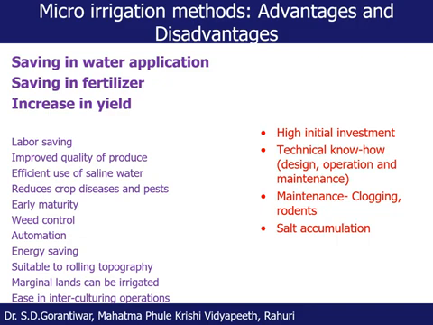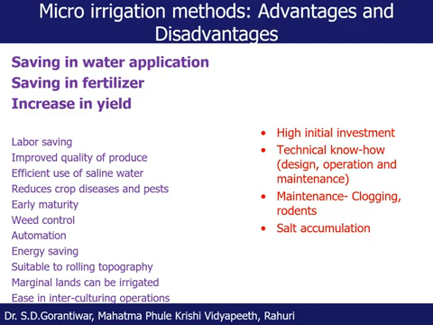The next is early maturity, because we can maintain the fertilizer nutrient level and water level in the root zone as desired, as per the plant water needs.